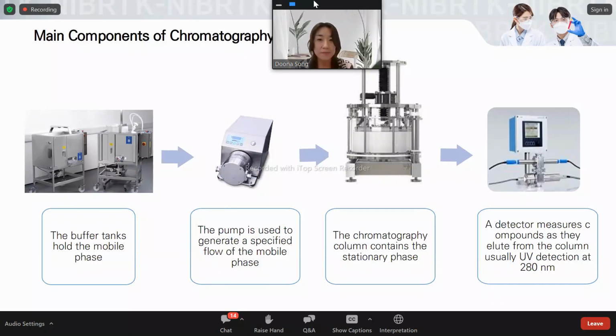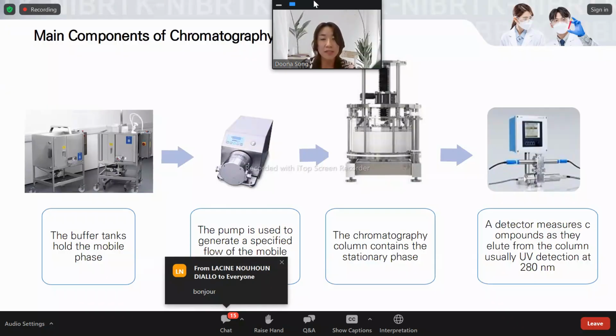And next, the column. The column is a tube usually made of glass, acrylic, or steel that is packed with stationary phase resin. The column is where the sample interacts with the resin. As it flows through, it allows for the separation of the different molecules based on their properties. The resin can have various chemical characteristics to separate molecules by size, charge, hydrophobicity, or affinity.